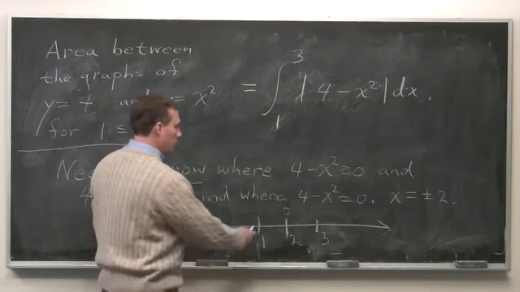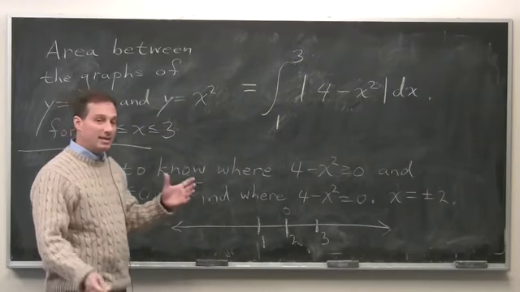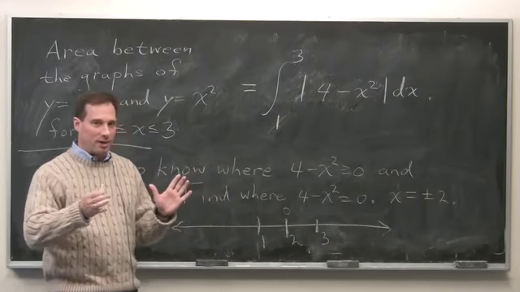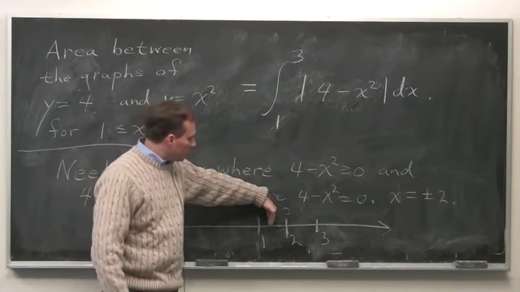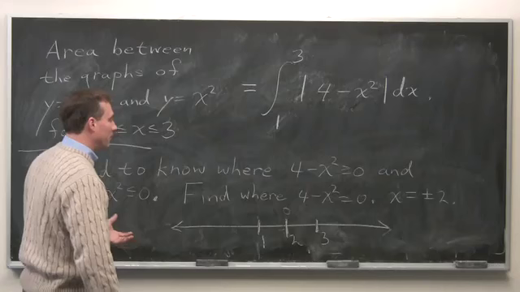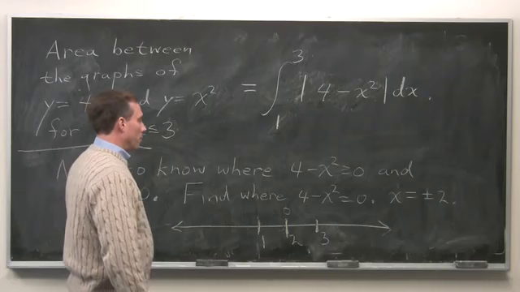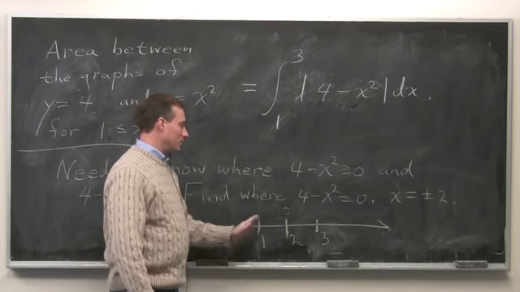So we want to know between 1 and 2, is the function positive or negative? It has to be one or the other the whole time. It can't switch signs. If it switched signs in between, it would have to pass through 0 by the intermediate value theorem, since 4 minus x squared is continuous. But there are no other zeros in here, so it can't switch signs.